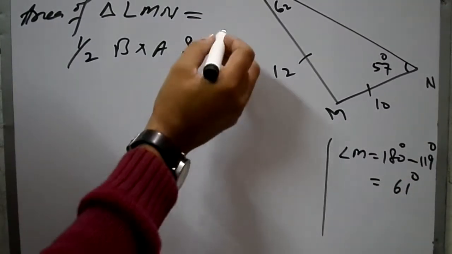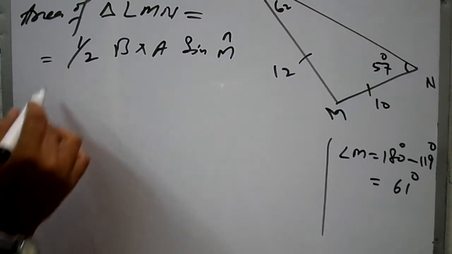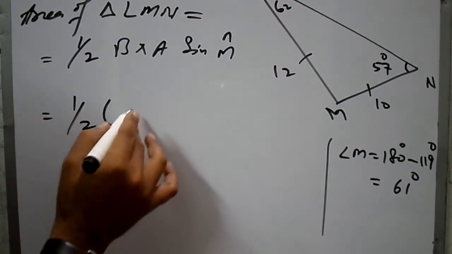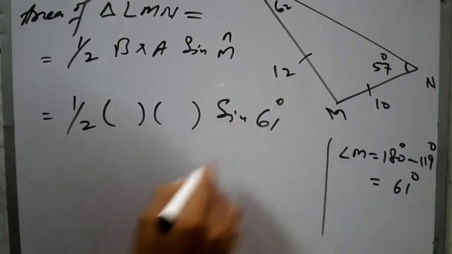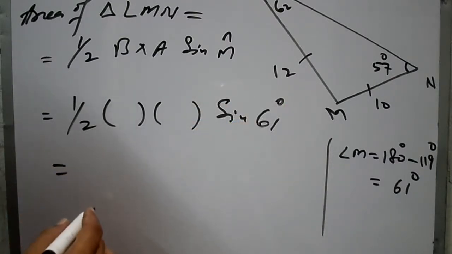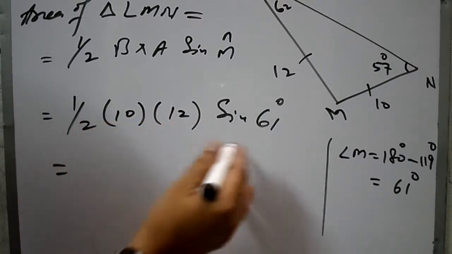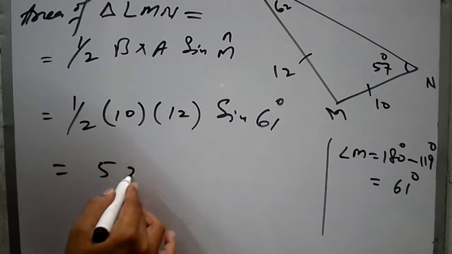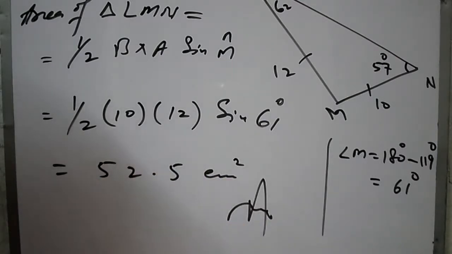So you can put here, so now the value of base, altitude and sine 61 degrees. So you will get by simplification, that is your result.